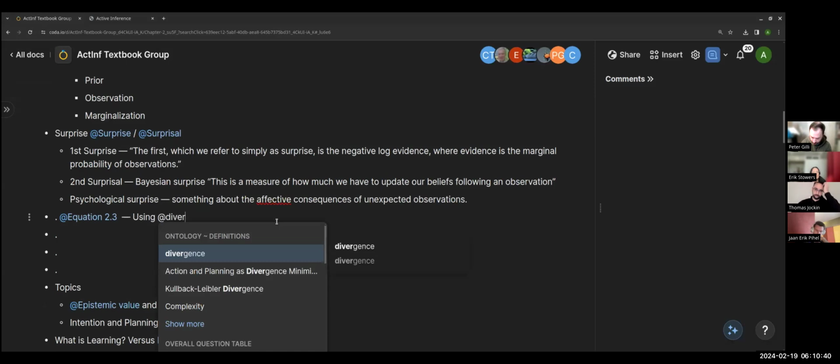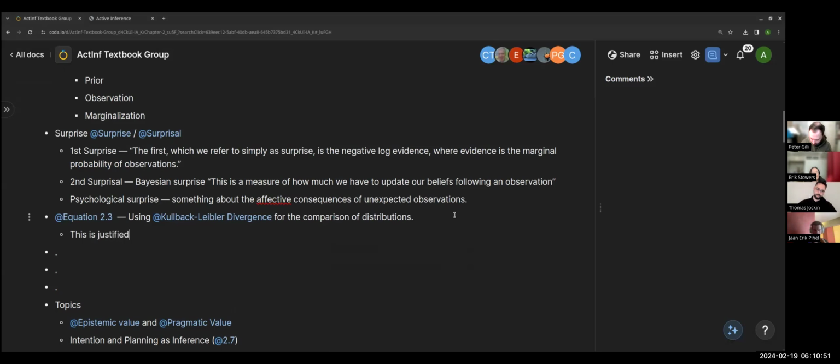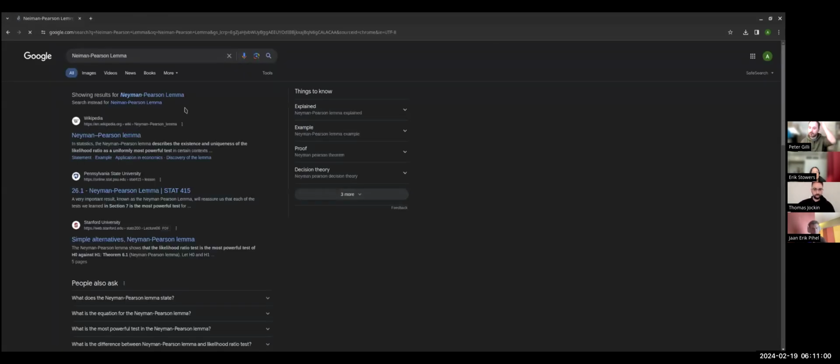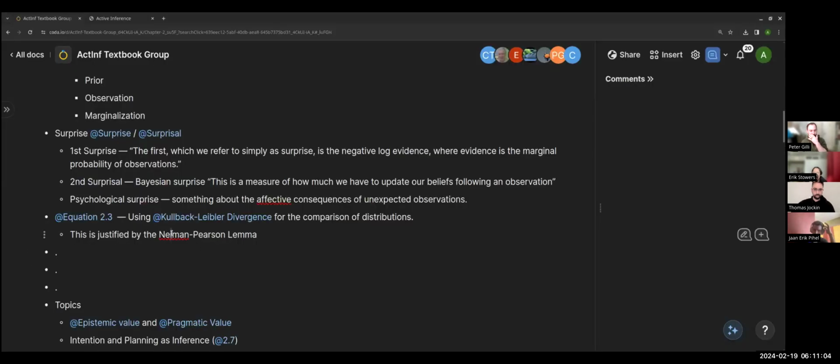The justification to use Kullback-Leibler divergence comes from the Neyman-Pearson lemma, which I don't think is stated explicitly in the text, because the Neyman-Pearson lemma states that the most efficient statistic to compare two distributions is the logarithm of their likelihood ratios.